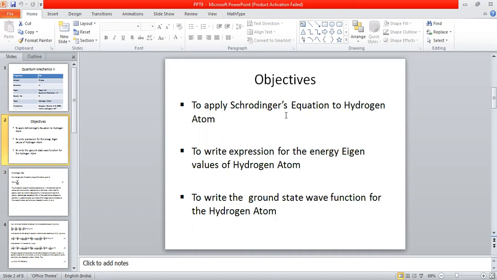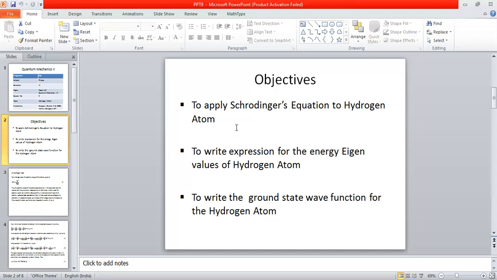Then we applied Schrodinger's equation to a one-dimensional linear harmonic oscillator. In a similar way, we want to apply Schrodinger's equation to the hydrogen atom. So our major aim of this session is to apply Schrodinger's equation to the hydrogen atom.